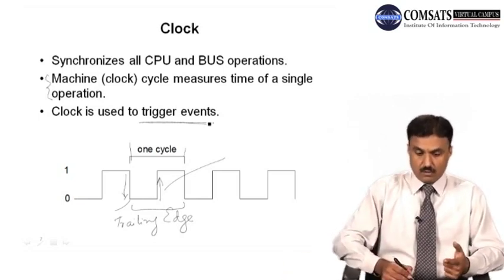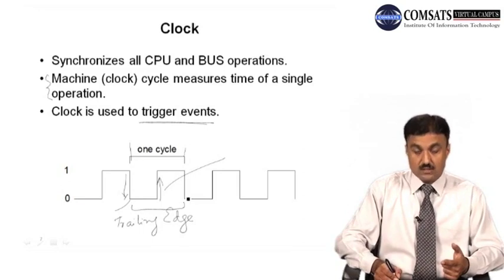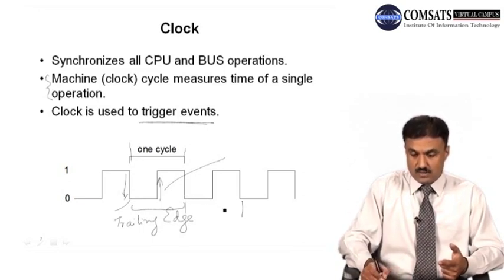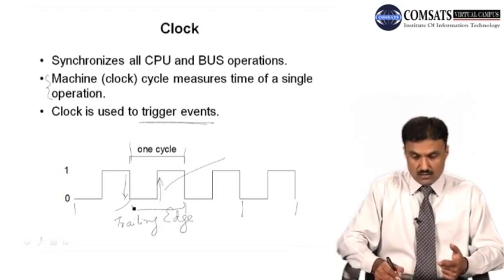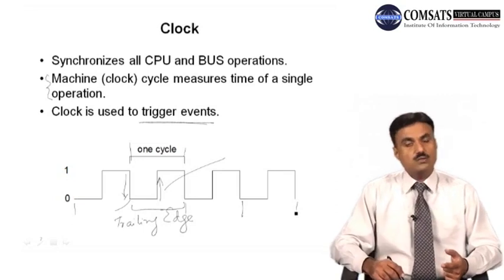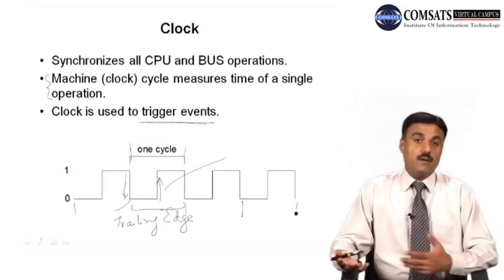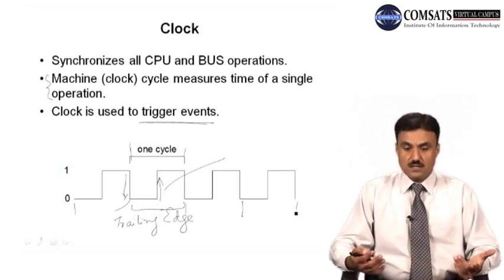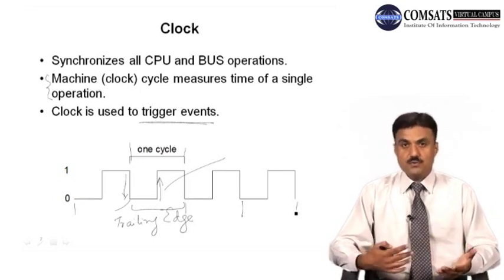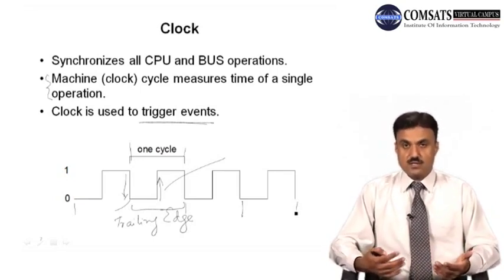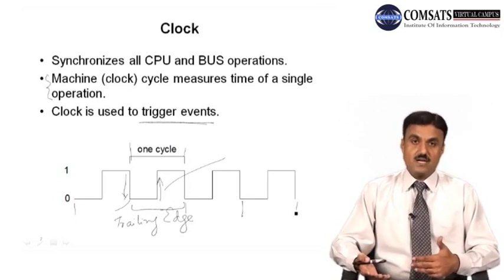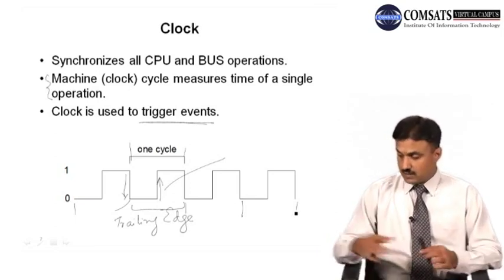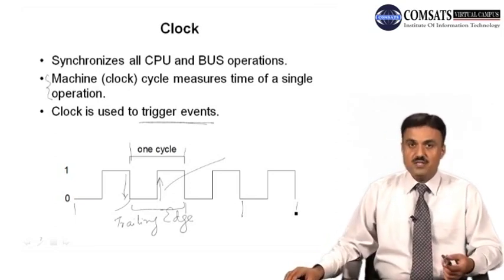So this is the clock cycle. You can see a complete clock cycle from here to here. This is one cycle, and then this is another cycle, then a third clock cycle. So this is 1, 2, 3, and 4 clock cycles. Now it depends on different architectures whether the CPU performs operations on the leading edge or trailing edge. It depends on the architecture and the implementation.